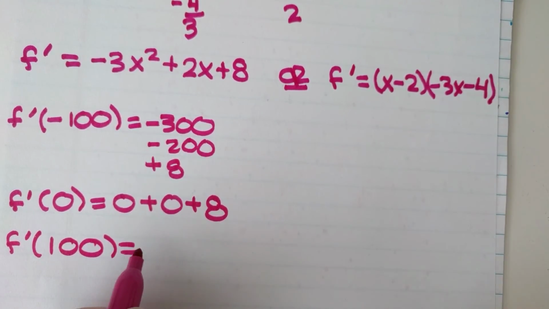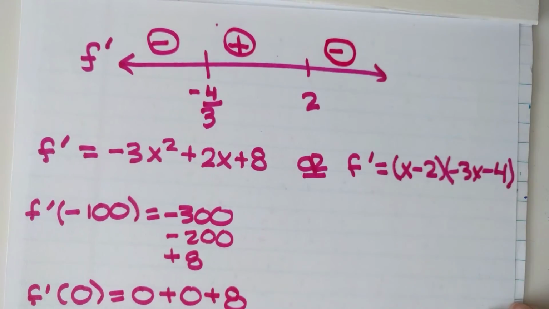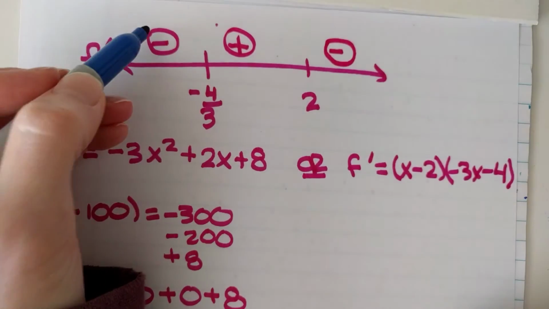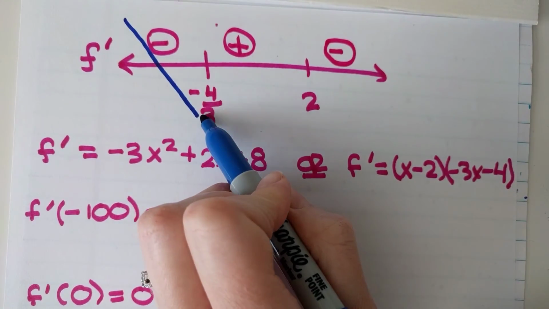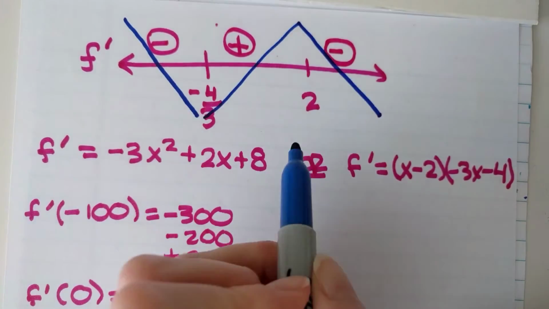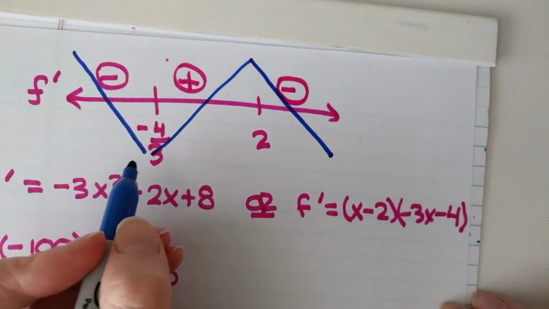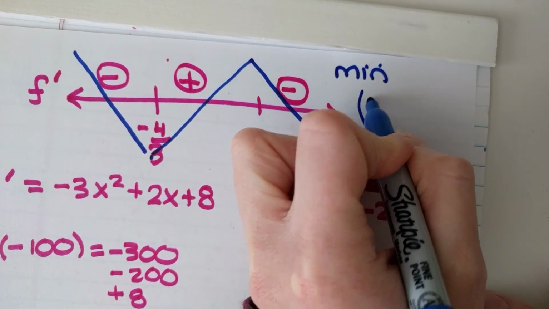All right, so what we have here is we have a negative that tells us that we are decreasing because we're talking about the first derivative. Then we have a positive, which tells us that we're increasing, and then a negative. So with that chart, we now have a relative minimum at x is equal to negative 4/3.